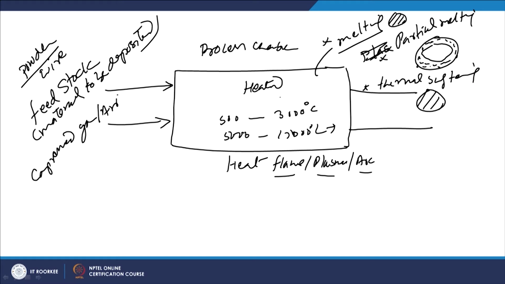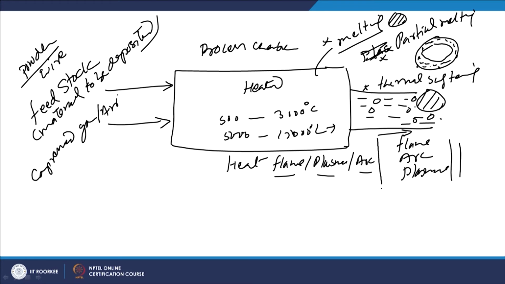So, this is the heating chamber through which the flame will be coming out or arc will be coming out or the plasma gas itself, and these will be the carrier for the powder particles, and through the flame or the arc or the plasma, these powder particles either in molten state or semi molten state or in a plasticized or thermally softened state, they will be coming out, and these are accelerated. These particles are accelerated towards the substrate.